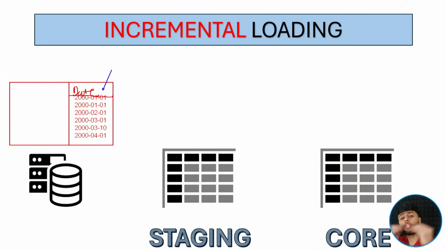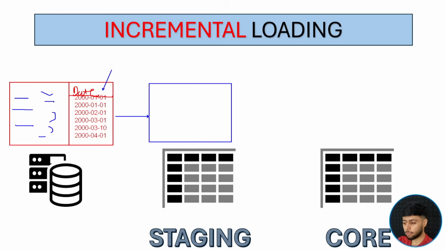This is the initial data. This is the very first thing we need to do, because we do not have any data warehouse right now, so you need to build a data warehouse. How you will build it, I am just telling you. These are all my columns. What I will do is take this data to the staging layer, make a duplicate copy of this data, and dump it without any transformation.